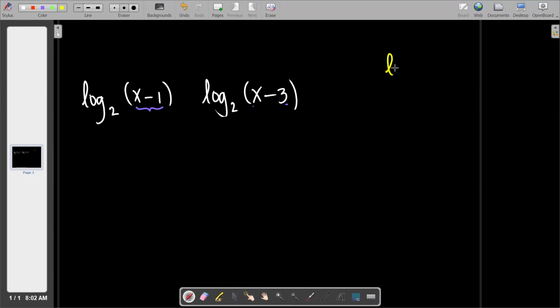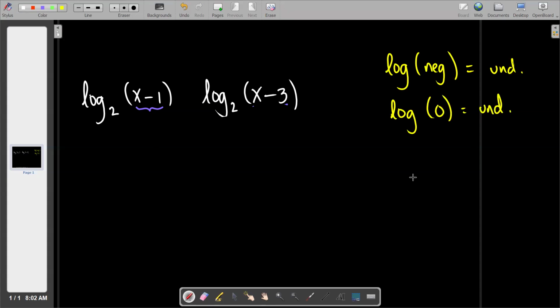You can't have a log of a negative. So that's undefined. And you cannot have a log of 0. That's also undefined. So the way we're going to test our answers is we're going to put them back into the original logarithms before we condense them. Those are the two things you need to know about logs, is that they cannot have negative arguments and they can't have 0 arguments.